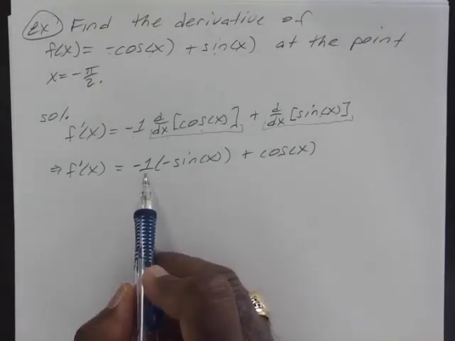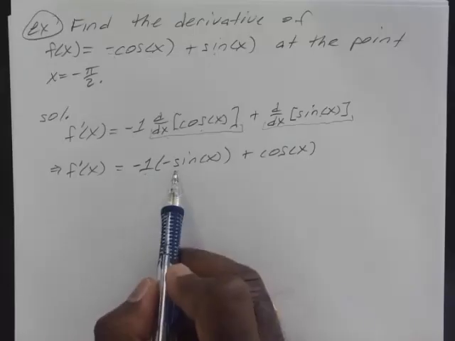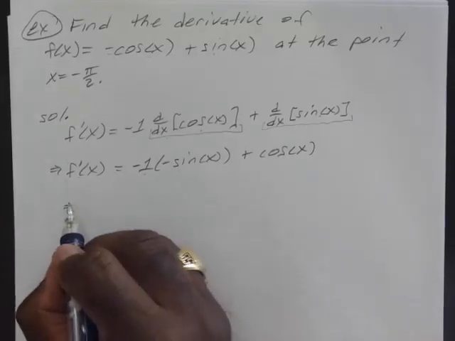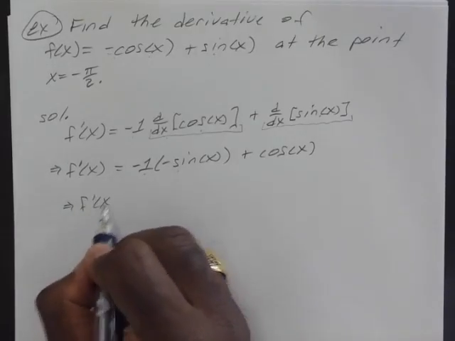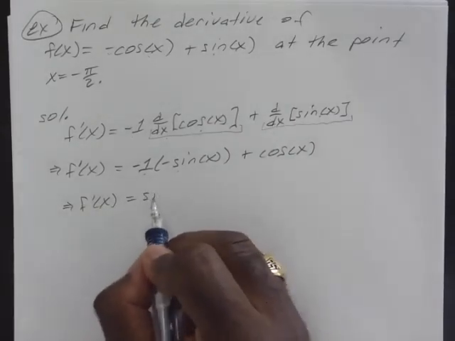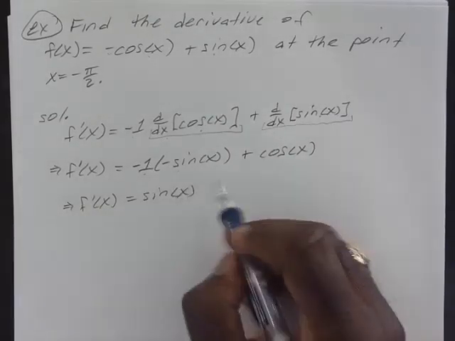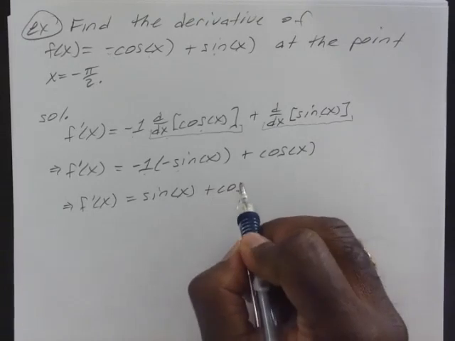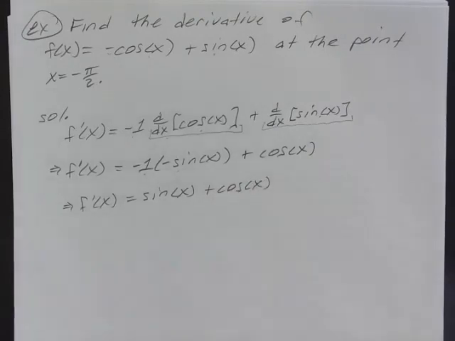So since you have -1 times negative sine of x, negative times negative is positive, so we can rewrite that as our derivative is equal to sine of x plus cosine of x. Okay, so we're almost there.